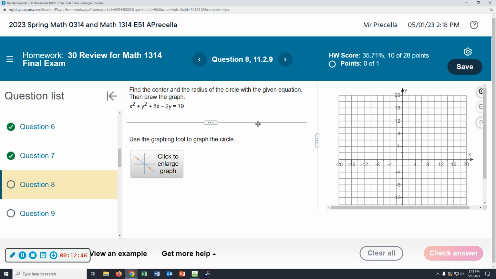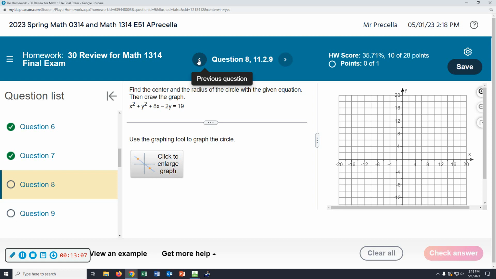Number 8. Another one. But they didn't tell us the center and the radius here, did they? This one's more involved. We're going to have to rewrite this so it's in that parenthesis form, the center radius form.